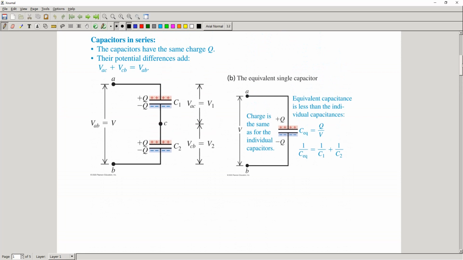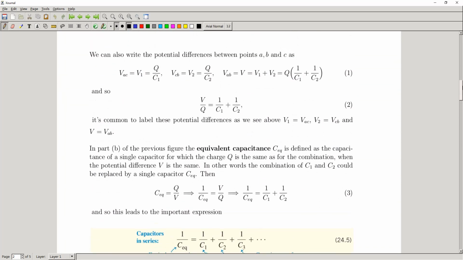So basically, keeping V, our VAB, the same, we need to find what CEQ we need to replace C1 and C2. That's the goal here. And it sounds worse than it really is. In the end, it's a fairly simple relationship.